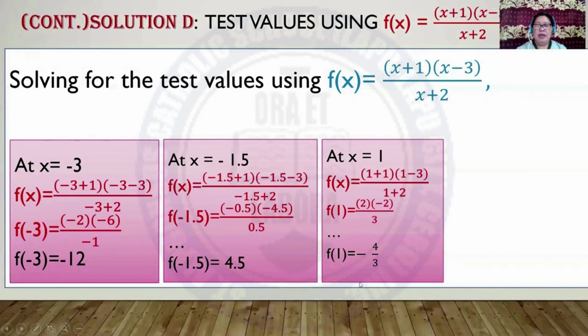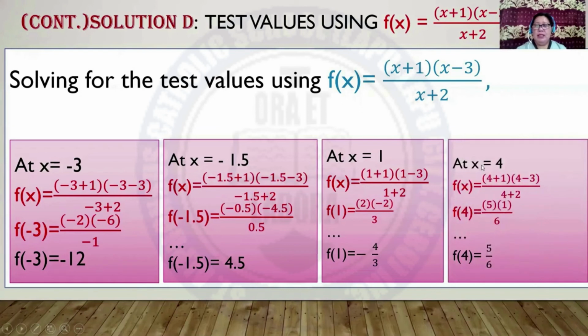Simplify, then we have -4/3. And at x is equal to 4, then change x into 4, this one, and this one. So the answer is 5/6.